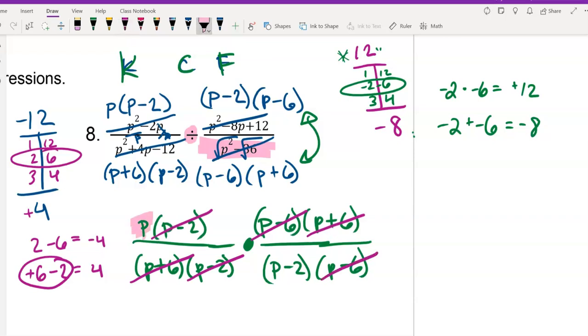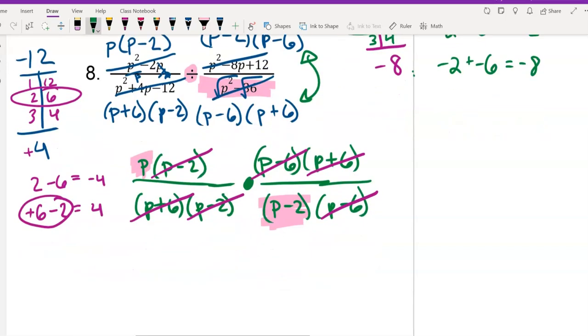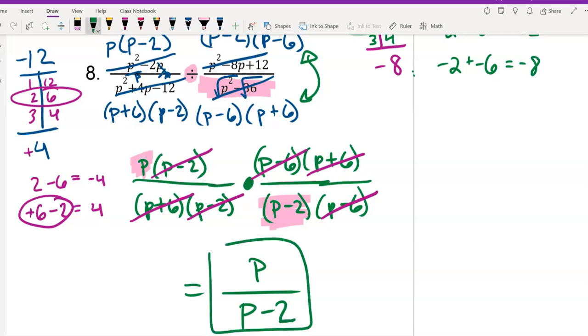We have a P here and a P minus 2. All right, so our answer here is P over P minus 2. And that is our final answer.